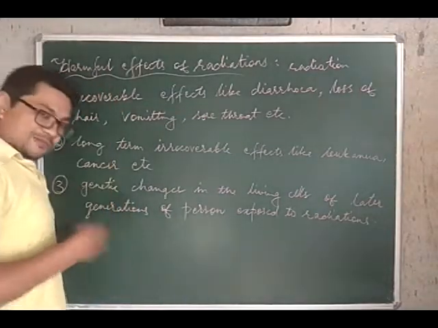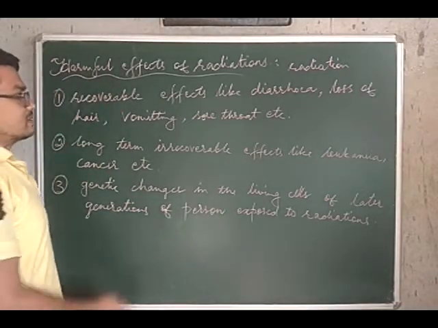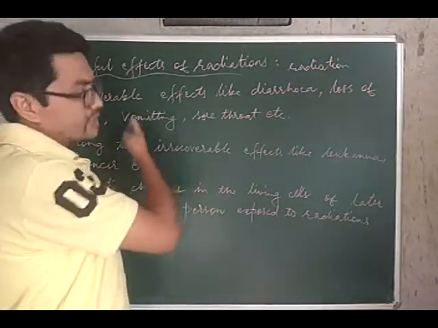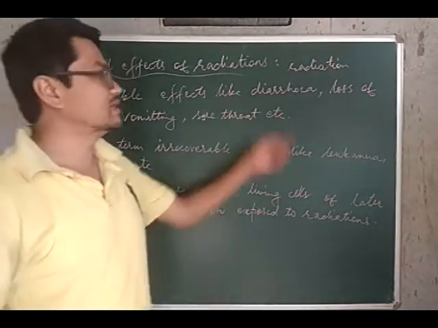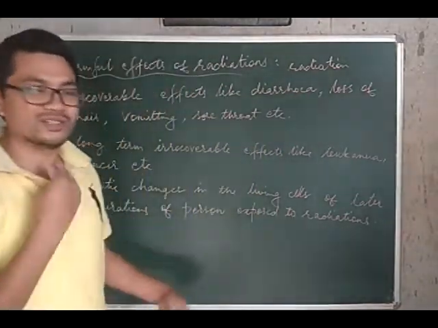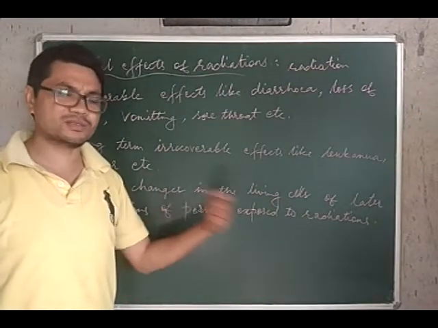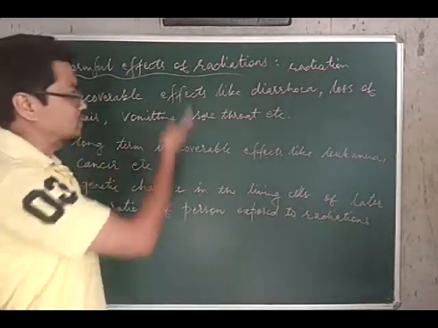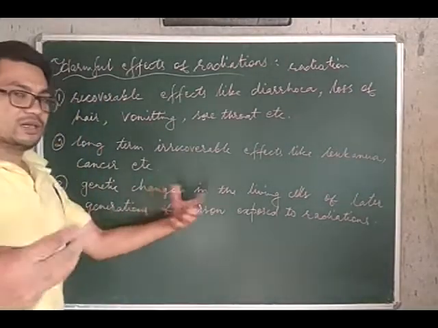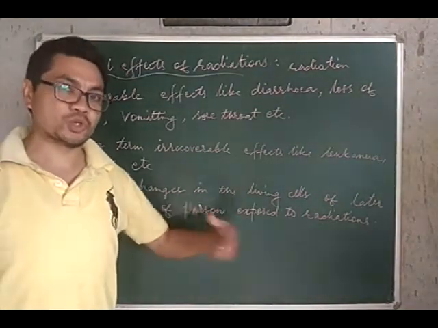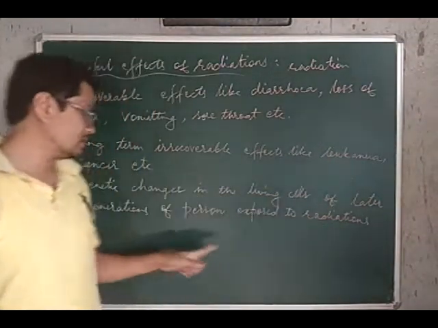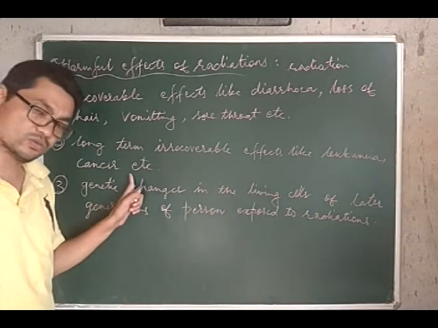So exposure to these radiations, a small amount of exposure, can cause recoverable effects like diarrhea, loss of hair, nausea, vomiting, and you can have a sore throat also. Very limited, small amount of exposure can cause these recoverable effects. Now, a bit more long-term exposure to radiations can cause leukemia or blood cancer and other kinds of cancers too.